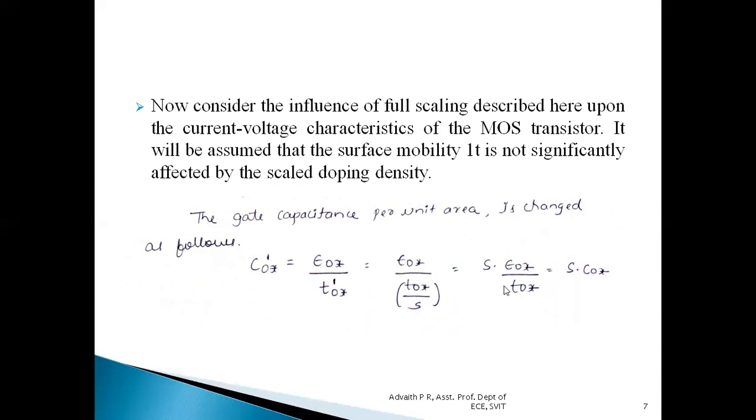We are already familiar with epsilon OX divided by TOX. That is nothing but the oxide capacitance, COX. So the new scaled gate oxide capacitance COX dash will be equal to S into COX, where COX dash is the newly obtained gate oxide capacitance, S is the scaling factor, and COX is the old oxide capacitance. So this is how the oxide capacitance will vary.